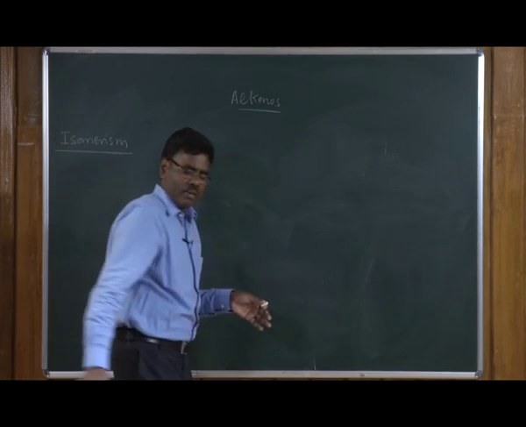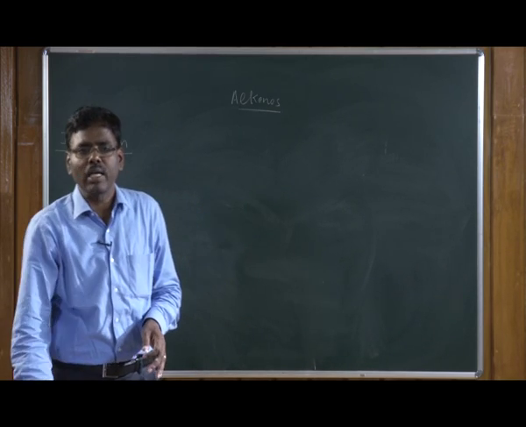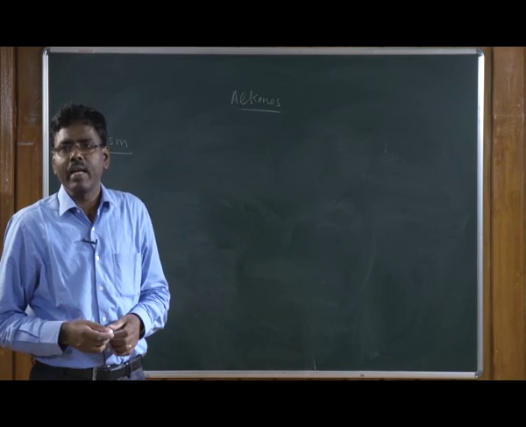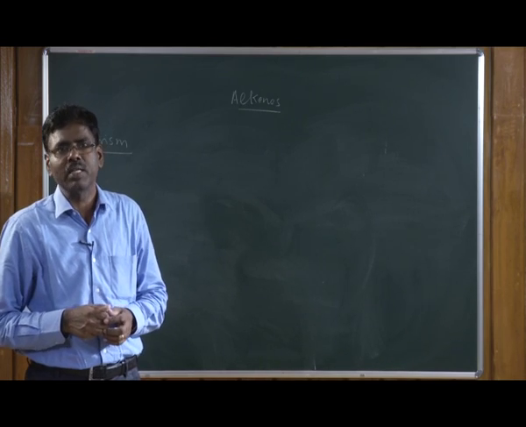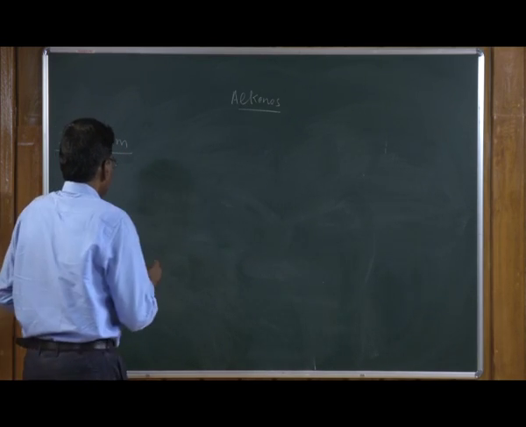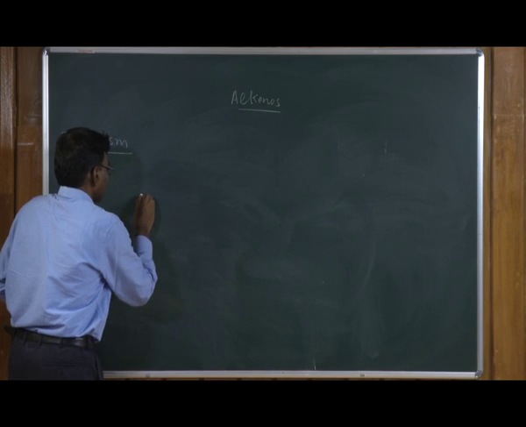So, when we discussed the structures I mentioned an alkene can exhibit geometrical isomers because of restricted rotation of the carbon-carbon double bond. Let us take this example.